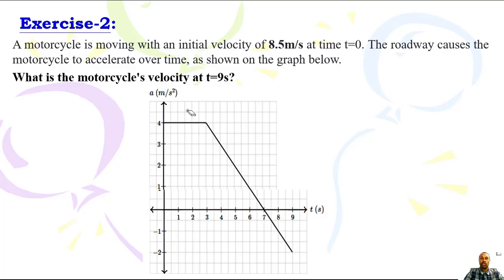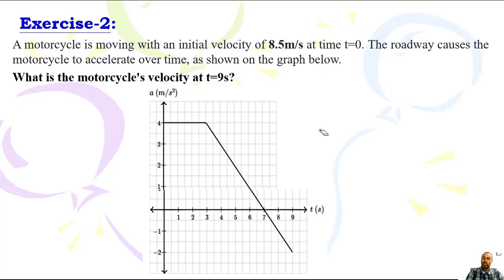A of t you can develop from this straight line. So put the corner points here, the coordinates at this point and at this point, then find the equation of acceleration. Then finally, you will follow the same approach. So you have the initial velocity, then what will be the velocity at t equals 9 seconds. So this is the question. So I hope everything will be clear.